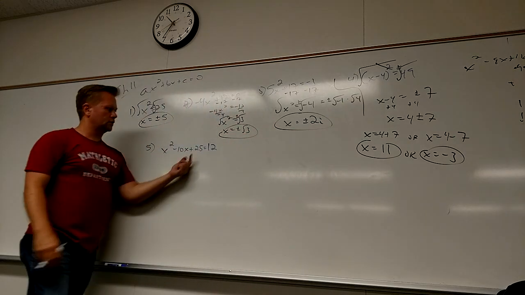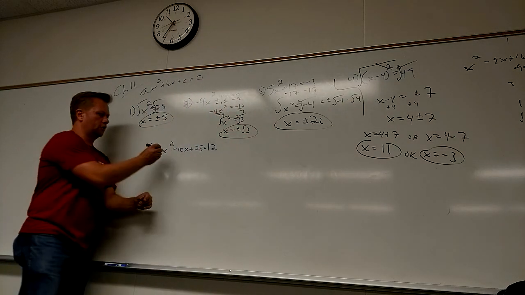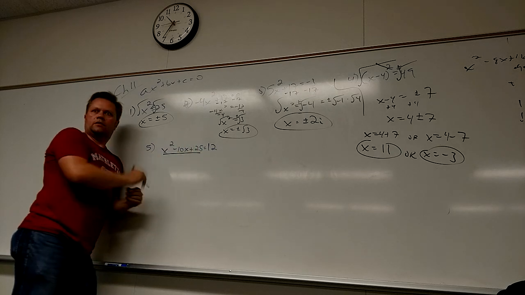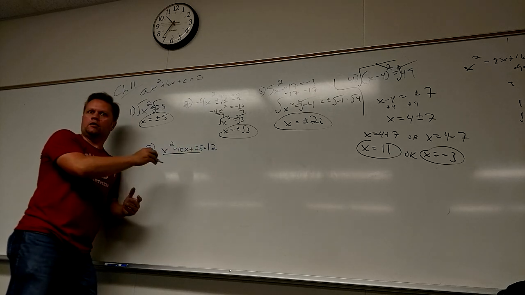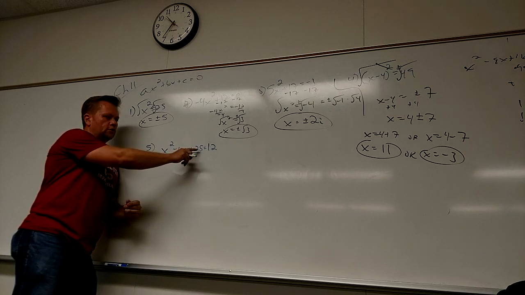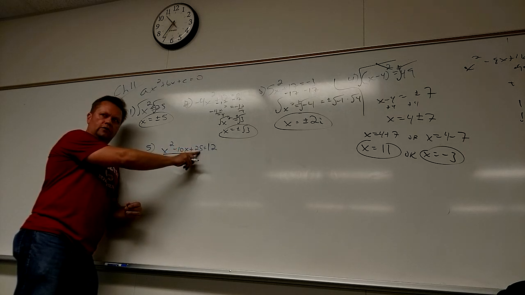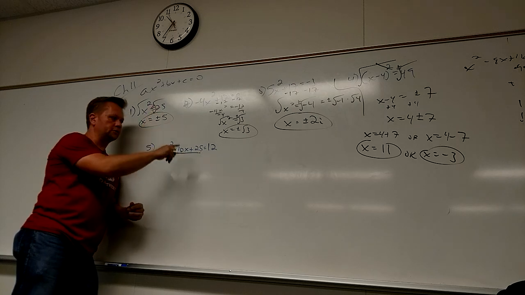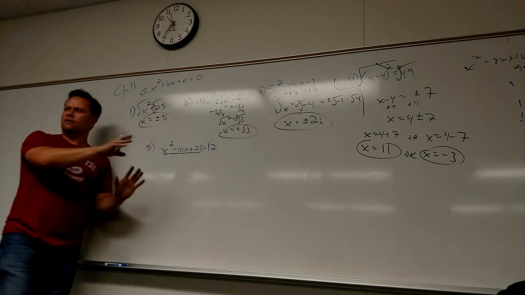So here, instead of subtracting 12 and trying to factor, I noticed that this is a perfect square. Because what times what is 25? 5 squared is 25, and 5 doubled is 10. Why is that 5 doubled important?